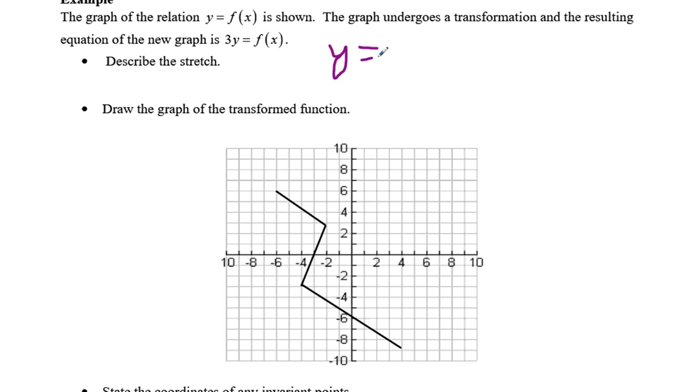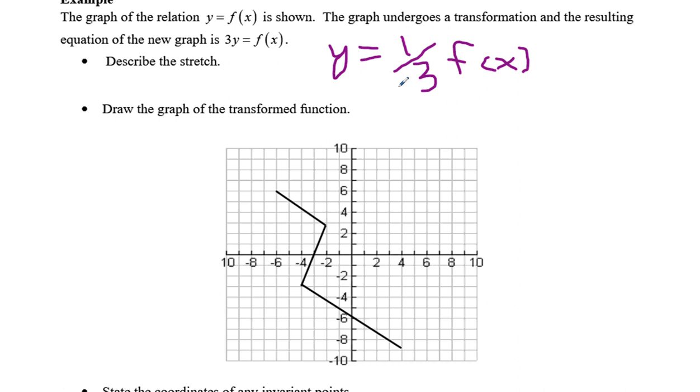Well, you are going to divide by 3. So do not play around. If they try and mess with you by putting some value in front of y or behind y, you say, no, no, no, no, no. We are not going to play around with this. Thus, this is clearly a vertical stretch by a factor of 1/3.